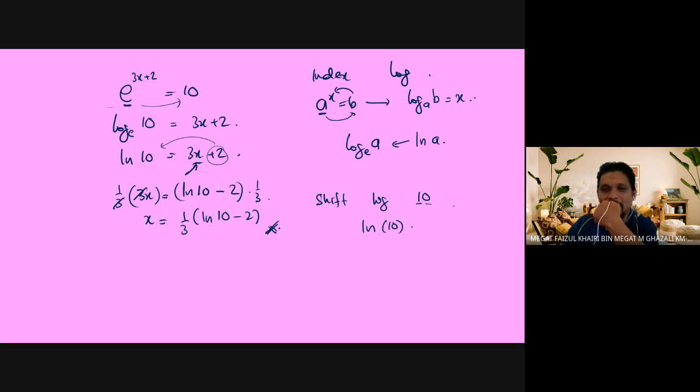So ln 10 minus 2, you will get something decimal, and then times with 1 over 3. So that will be your answers. This is more than enough for me. But if the teacher wants the student to write in decimal, then push the button of calculator one by one till you get the answers in decimal.